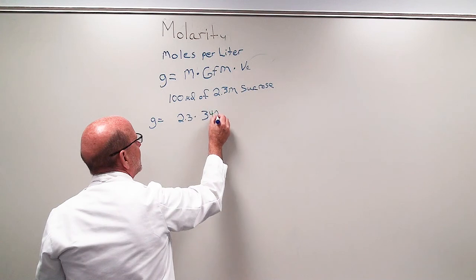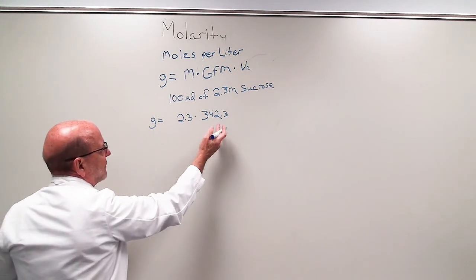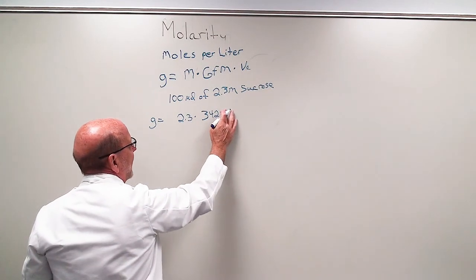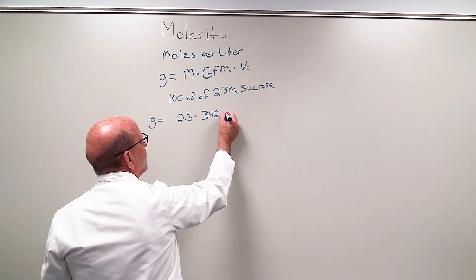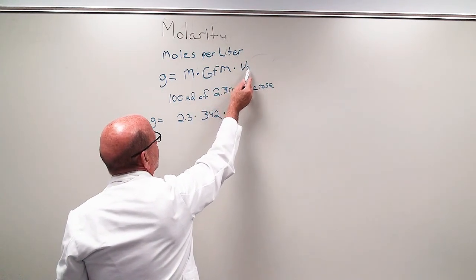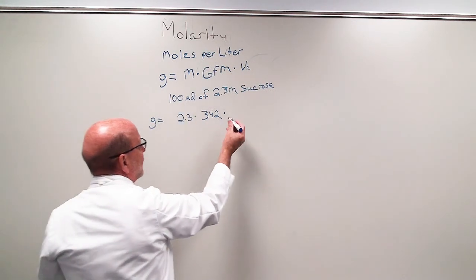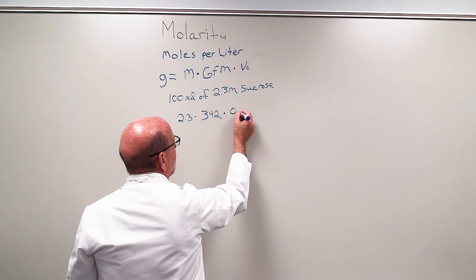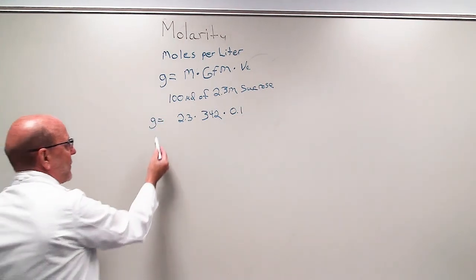C12H22O11. So we have 342, and you can say the 0.3. Sometimes that's overdoing it. You know, significant figures get in the way sometimes, but it doesn't hurt to be as accurate as possible. And we're going to do that in our volume in liters, and we're only making 100 mLs, and so that 100 mLs is 0.1, that's 100 mLs part of a liter.